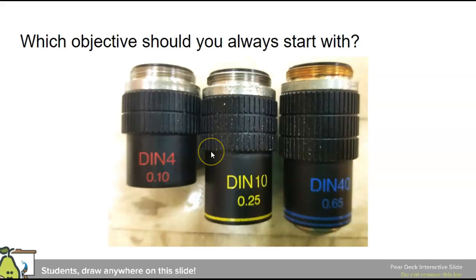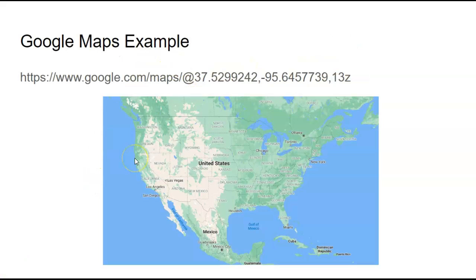So we always want to start with the lowest power, the lowest magnification. In my example here, I'm going to tell you why. If you're trying to find a city, okay, let's imagine we're trying to find Madison, Wisconsin.